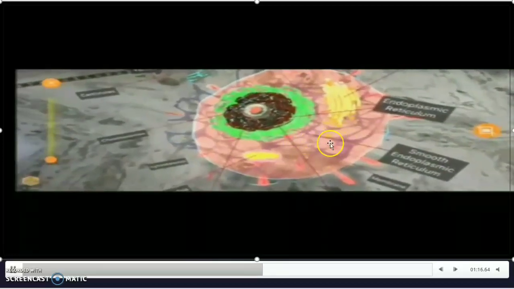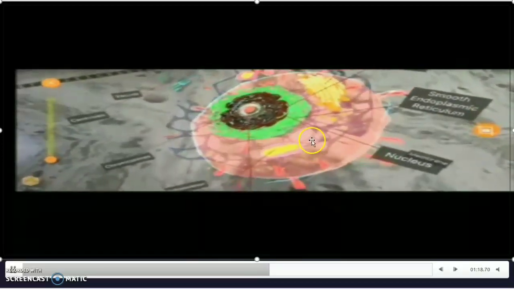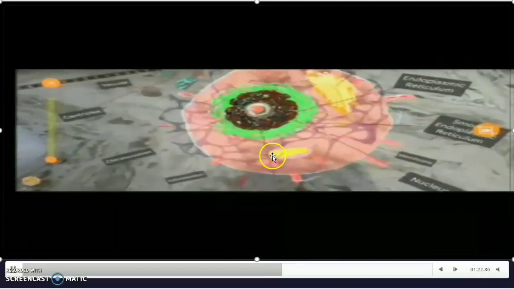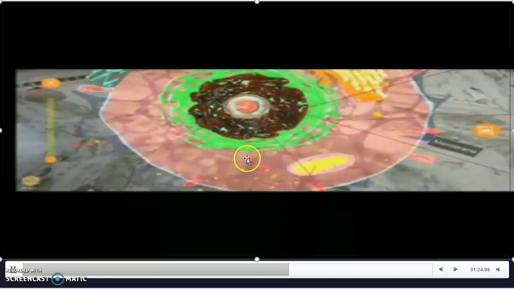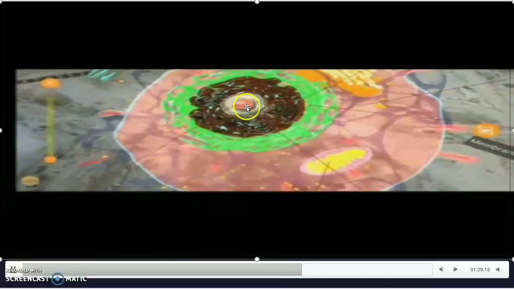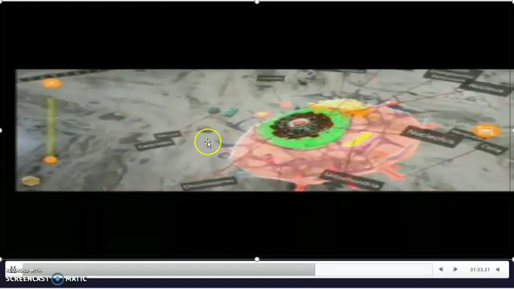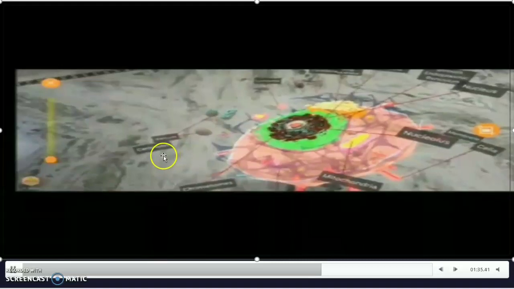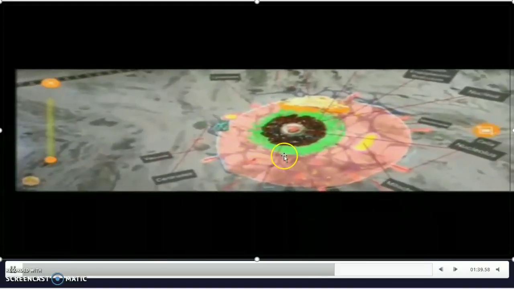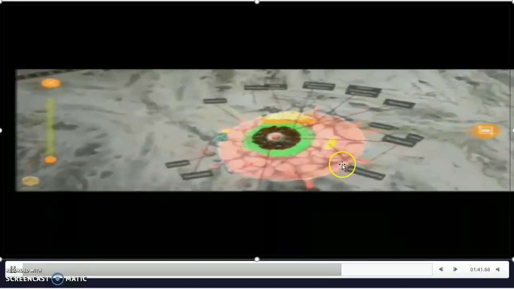The fluid, the jelly-like structure present inside the cell, is called cytoplasm. DNA, nucleus, nucleolus, and all you are observing. These are all the organelles present in the animal cell.